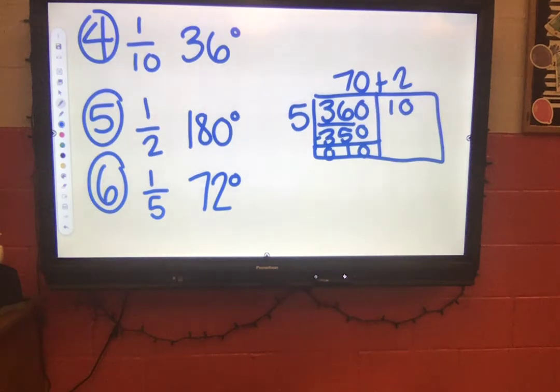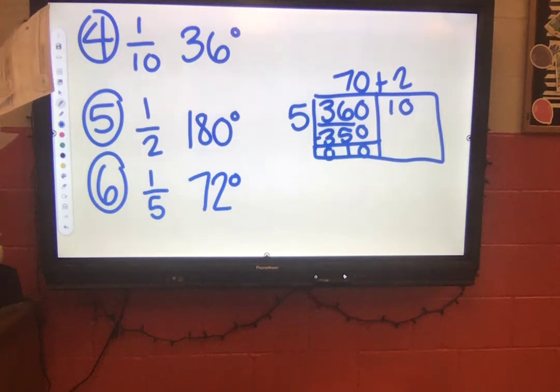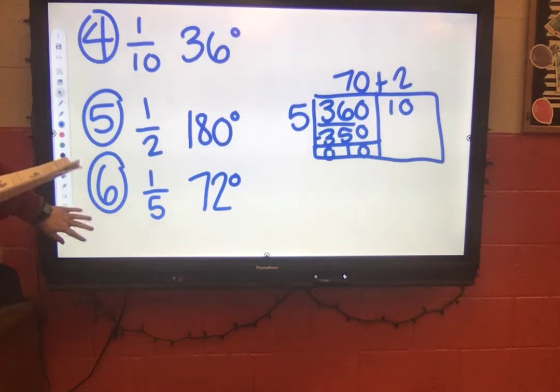Okay, if you have questions on that page, please let me know. We're going to work number 6. We're moving on to page 6. Not number 6, page 6.